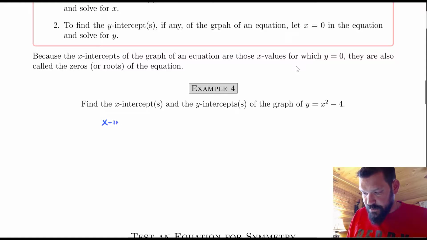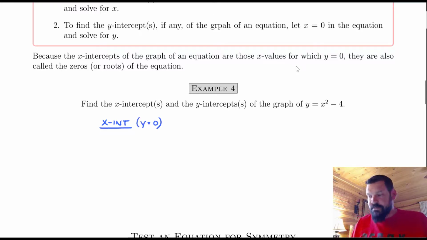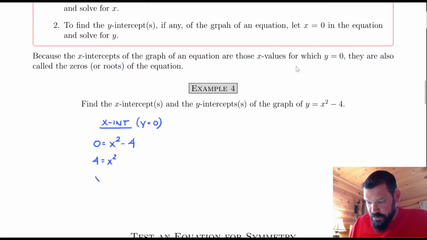So for the x-intercepts, if you recall from the example where we did the graph, the x-intercept always occurs when y is equal to 0. So that gives us something to work with. Now if we replace y with 0, we have this equation, x² - 4 = 0. We can solve that for x. We would add 4 to both sides and then take the square root of both sides.